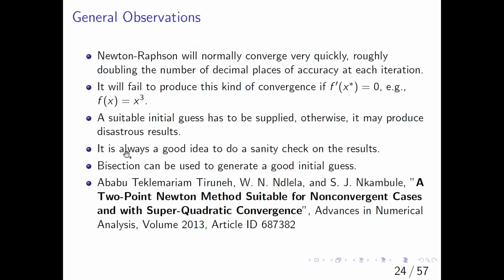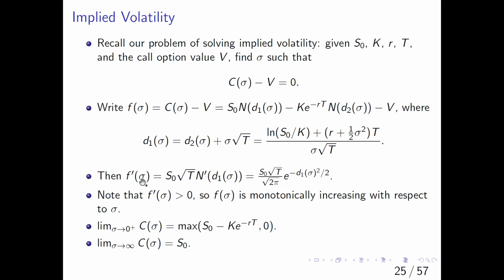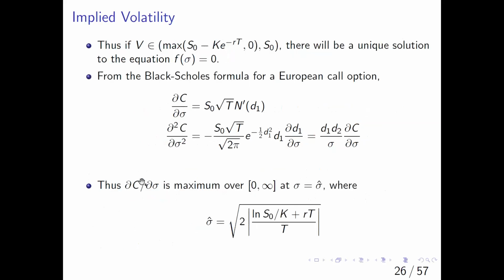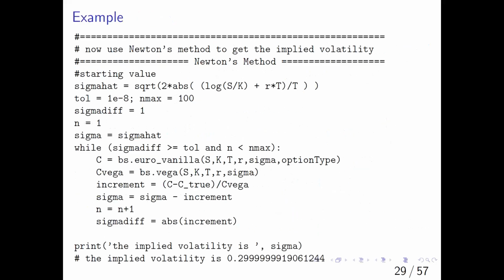Essentially f prime of sigma here, okay? That's called the vega here. So I calculate the option value, I calculate the current derivative at this sigma, okay? Then I calculate the increment.